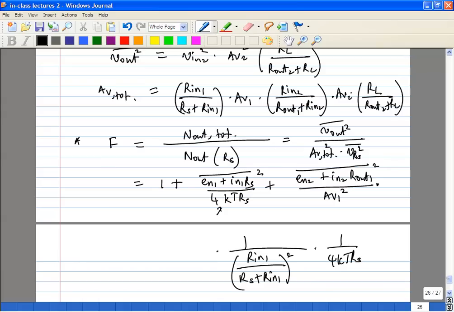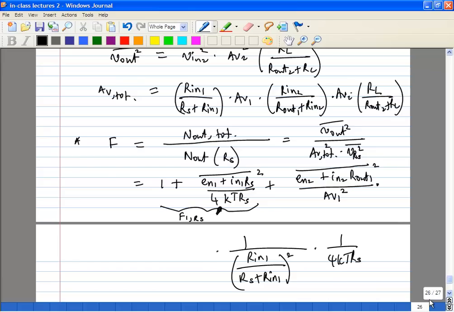It's the noise figure of, so this whole thing is the noise figure of stage 1 with respect to the source impedance driving it, which is Rs. That's pretty straightforward, right? The input noise is 4kTRs plus noise due to the 2-port over 4kTRs. So this we know is F1 with respect to the source impedance Rs.